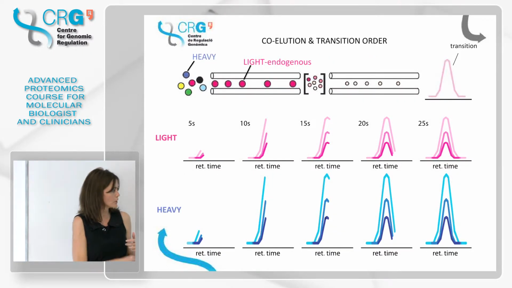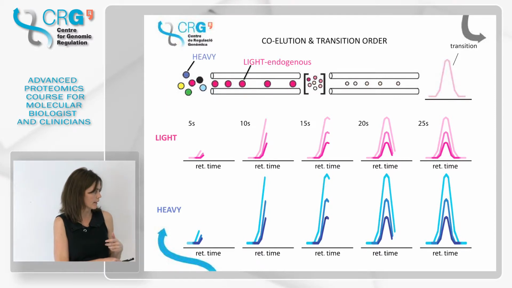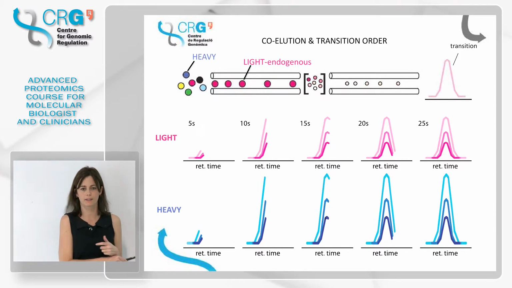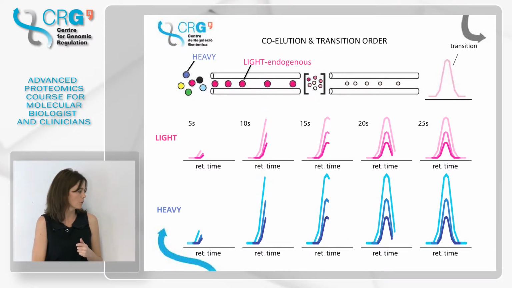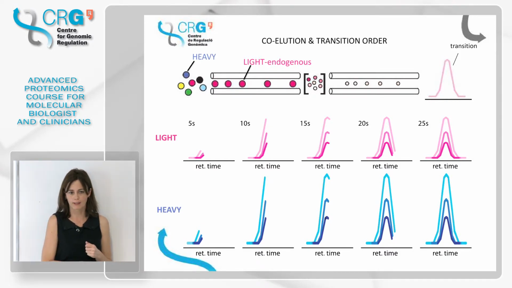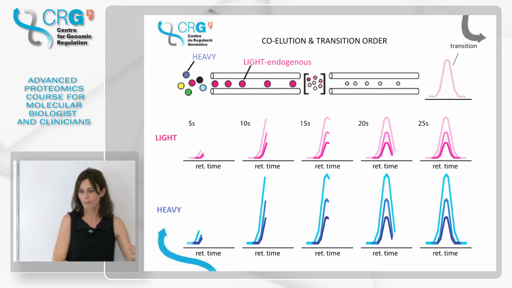So if we go back to this figure, where we were seeing how the different fragments from the same peptide coelute, they will also coelute with our heavy standard. So the light and the heavy will always be coeluting, and this is our best validation. Then we are sure. So it's always, always recommended to put in your heavy standard.